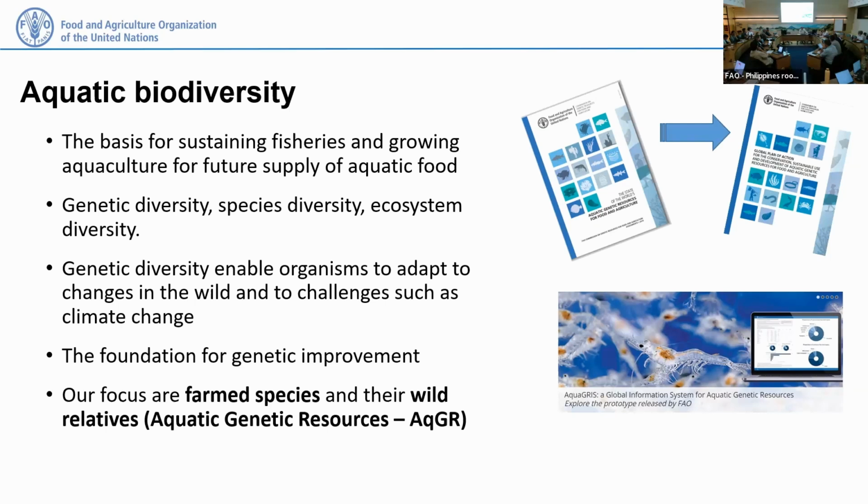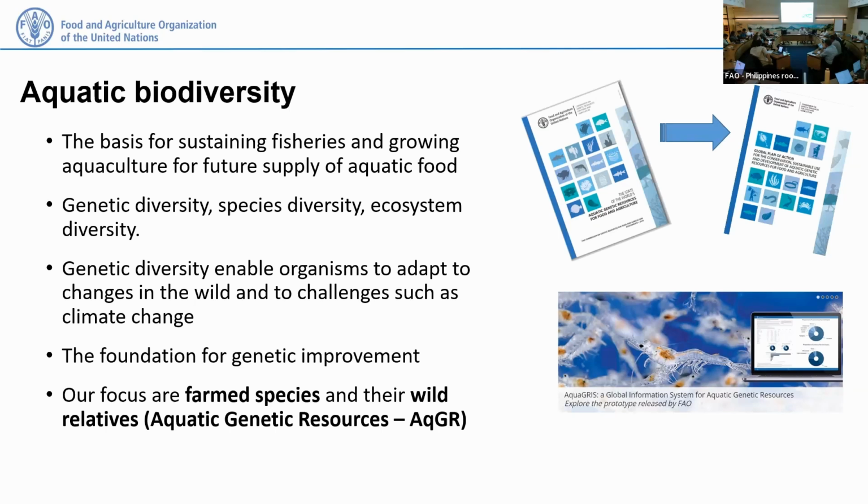So AquaGRIS will collect information on any and all of those 700 species. Because it's right at the beginning, we currently have data on about 160 species in AquaGRIS, and if anybody's interested to see more of AquaGRIS, we can also do a demonstration at some later stage.